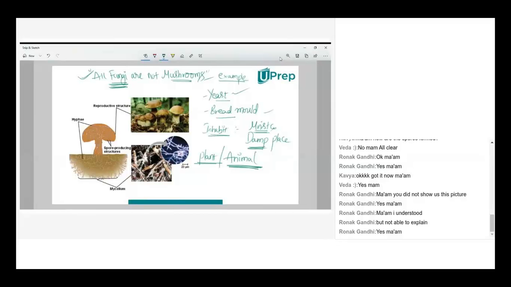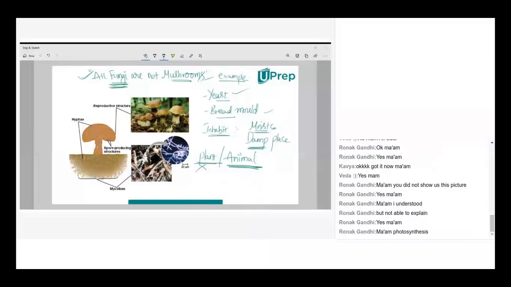They are definitely not plants. How? I'm saying fungi are not plants. How? Isn't it, guys? Photosynthesis is the one which categorizes any organism as a plant. Here fungi will not carry out photosynthesis, so they are not autotrophs. One point of nutrition already came. They are not autotrophs. If they are not autotrophs, they should definitely be heterotrophs, isn't it?